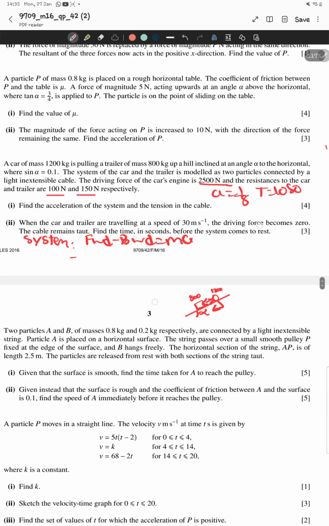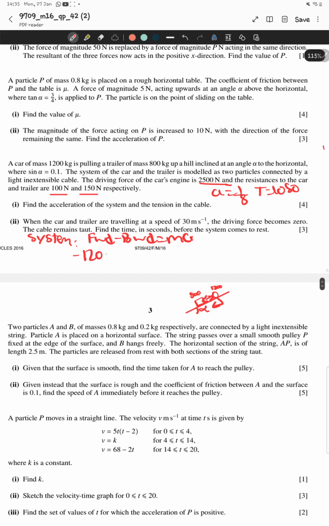So backward would be 12,000 times 0.1, which is just 1200 g sine alpha, minus 8,000 times the same thing.